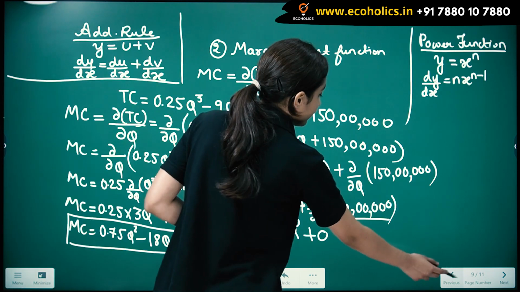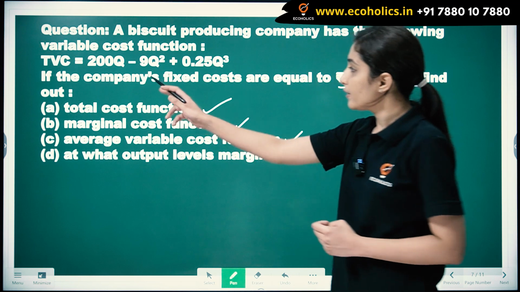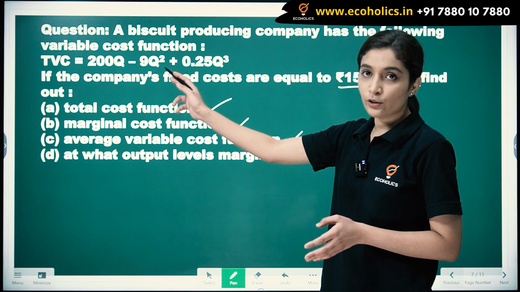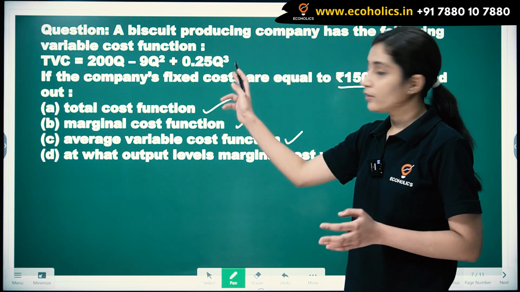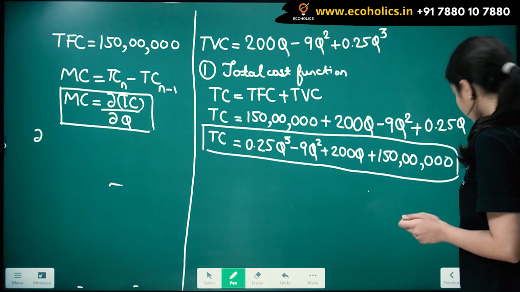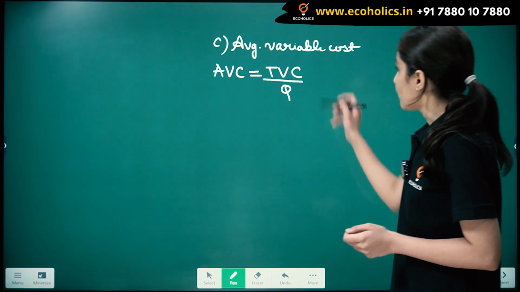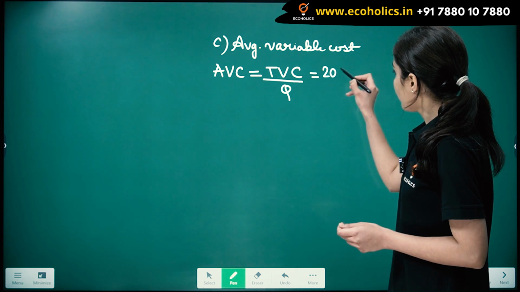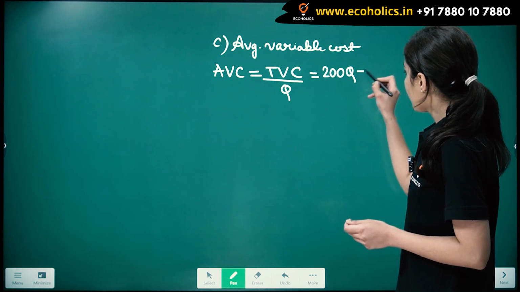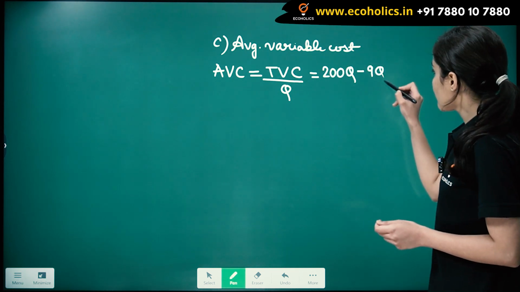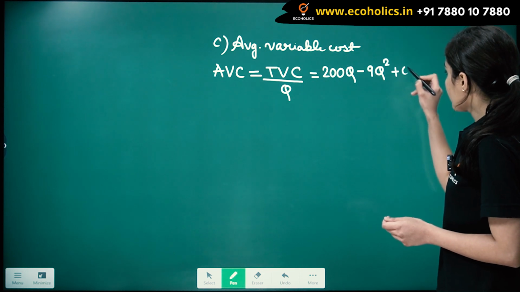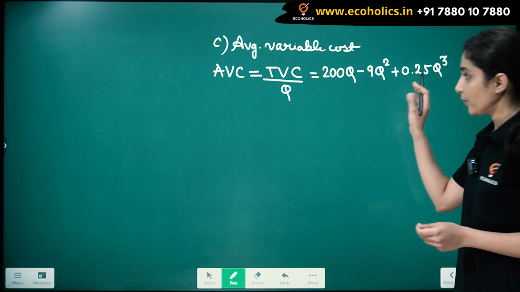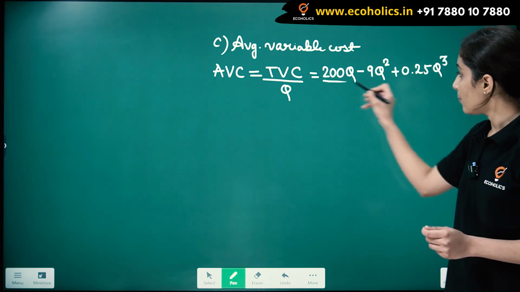Now it's given that our total variable cost is 200Q minus 9Q square plus 0.25 Q cube. And now dividing this term by Q.